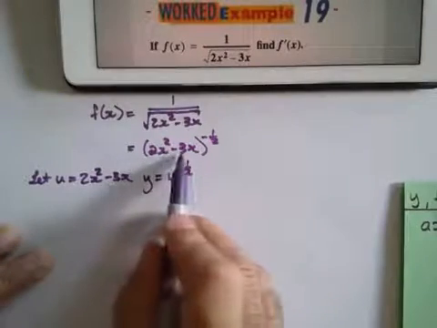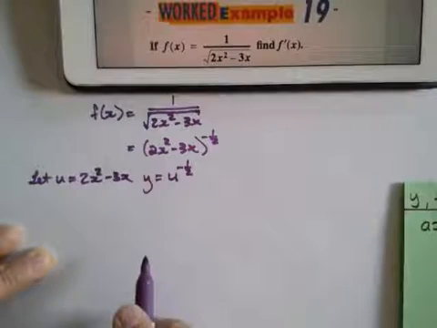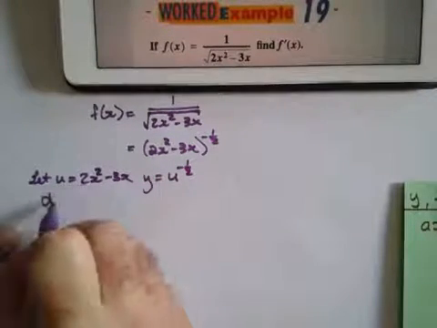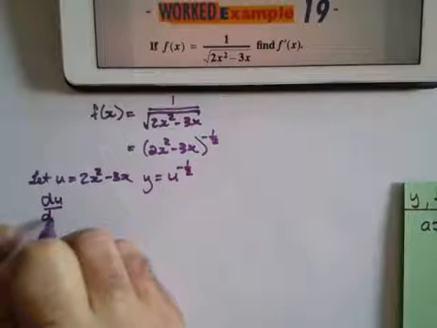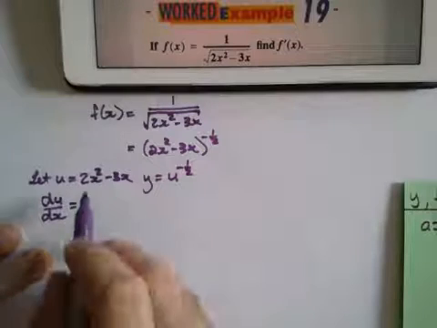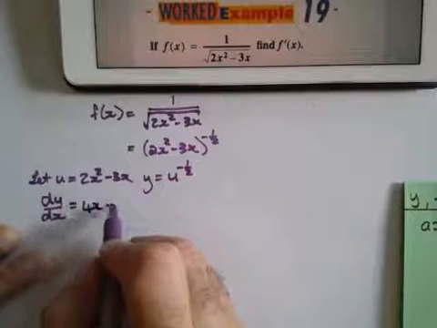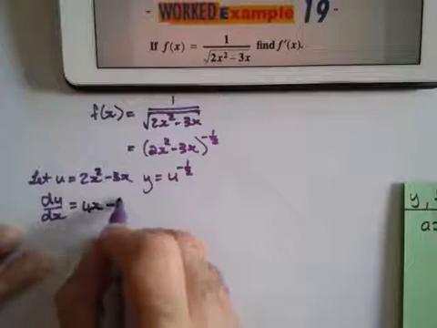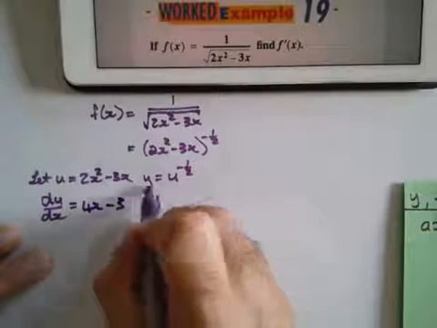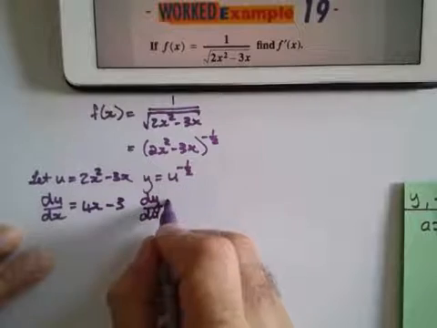Now I find du/dx, the change in u over the change in x. So we differentiate in terms of x. This will give us 2 times 2 is 4x minus 3. I'm also going to find dy/du, the change in y in terms of u.